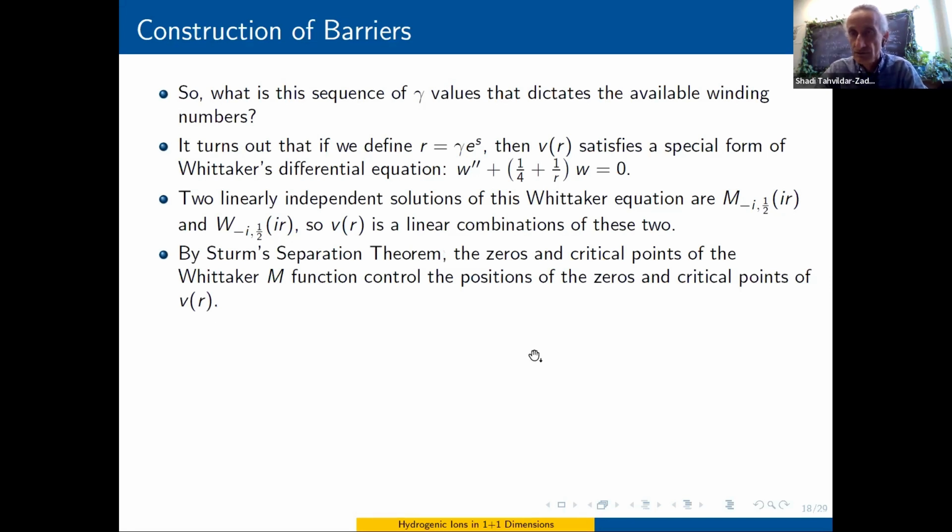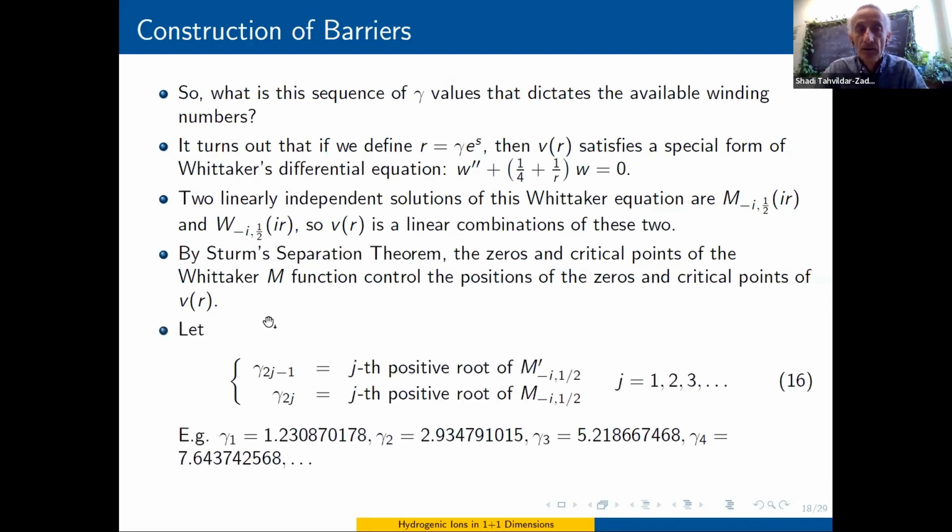Then there's a standard ODE result called the Sturm separation theorem, which says that the zeros and critical points of the Whittaker M function will control the positions of the zeros and critical points of V. Right? So now we need to look at the zeros and critical points of this particular Whittaker M function.